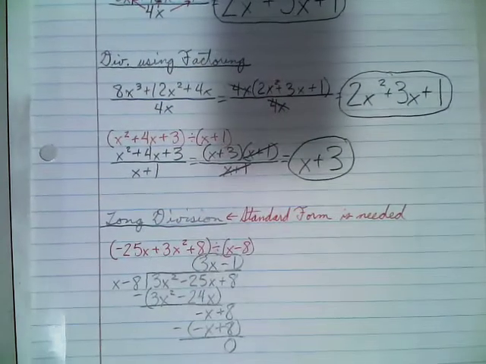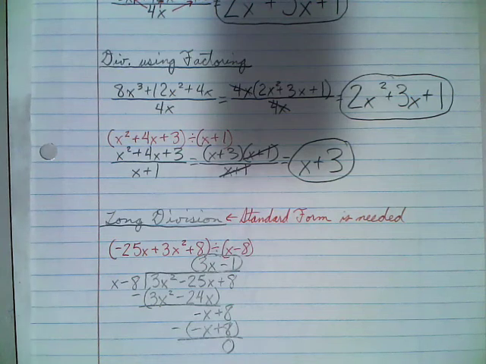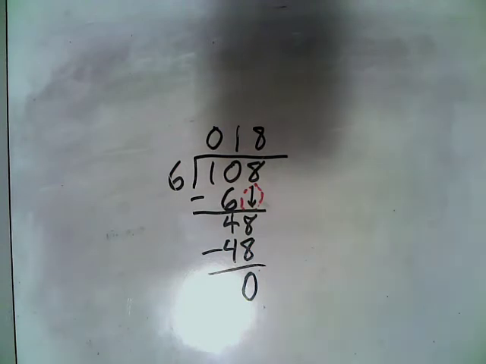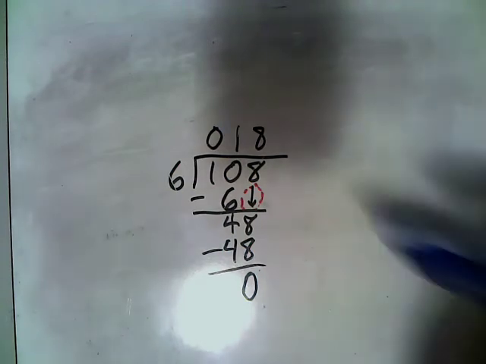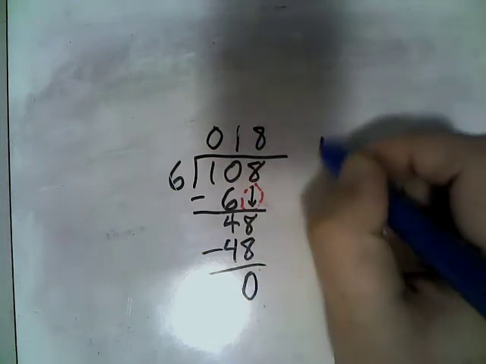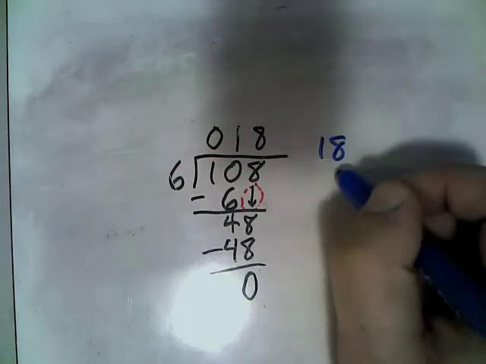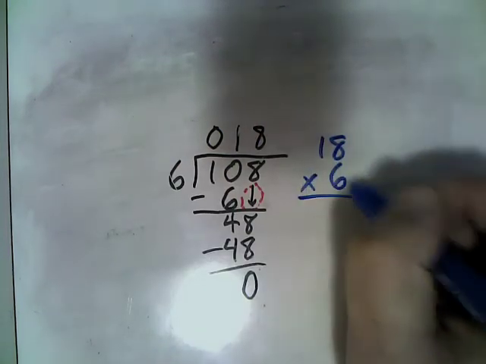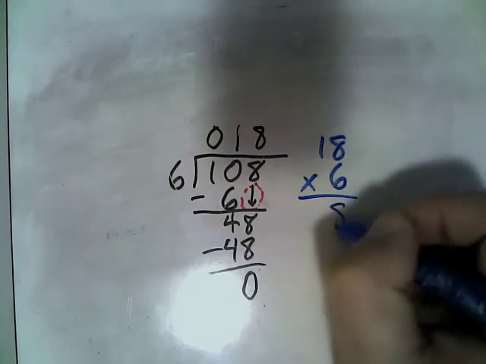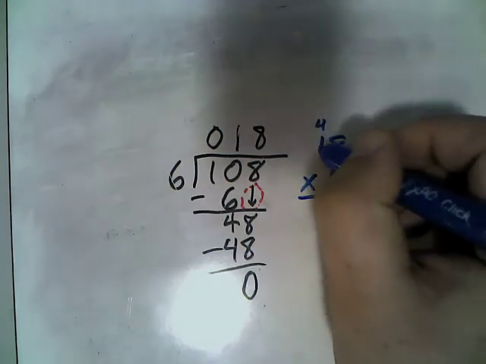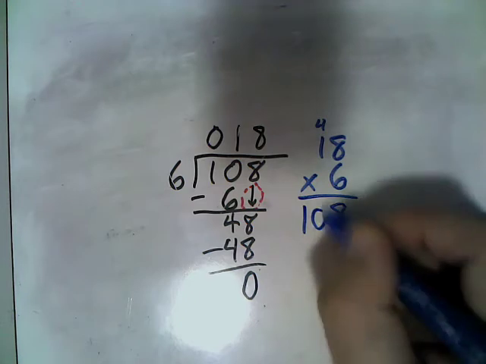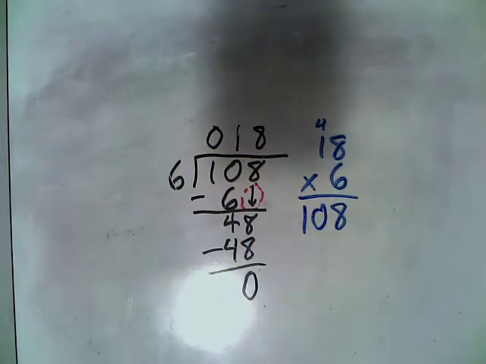So, 3x minus 1 is the answer. Of course, just like over here, though, to check my answer, I can take my answer of 18 and multiply it by my divisor of 6. So 8 times 6 is 48, carry the 4. 6 times 1 is 6, plus 4 is 10. So that checks out.